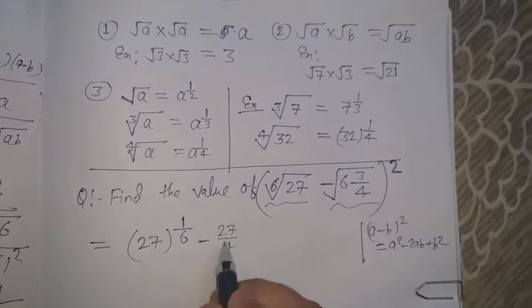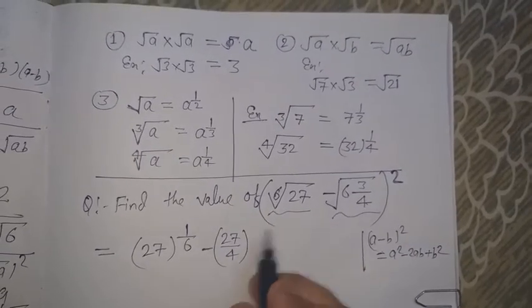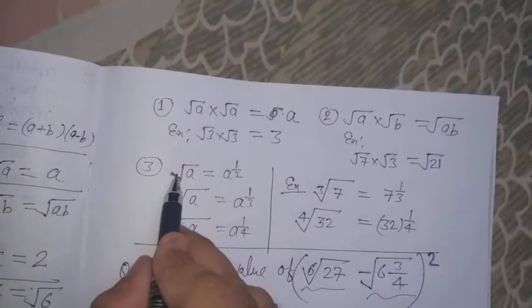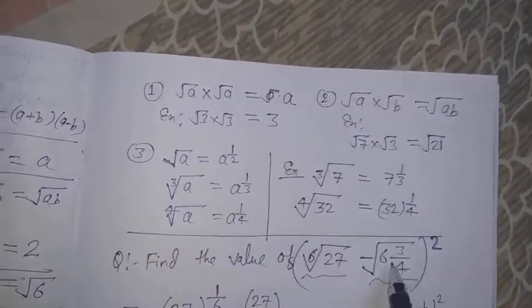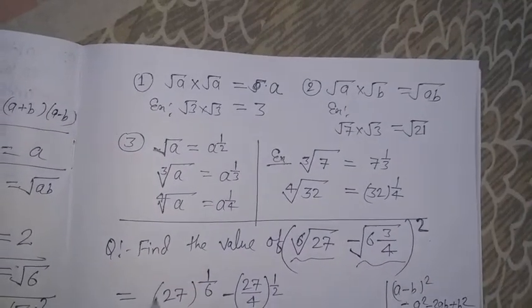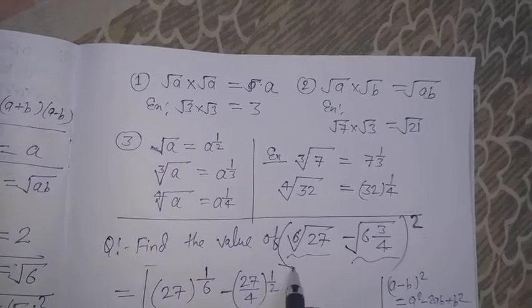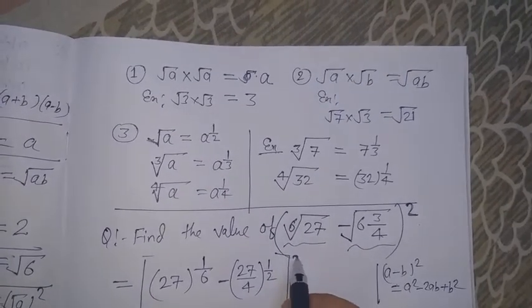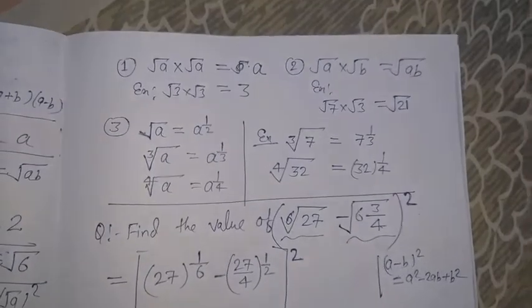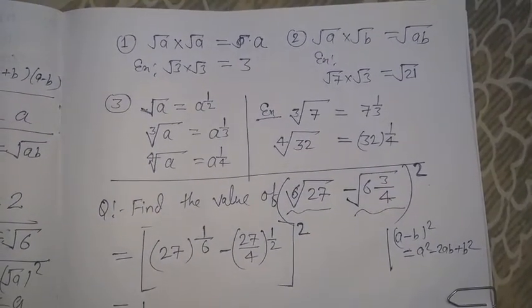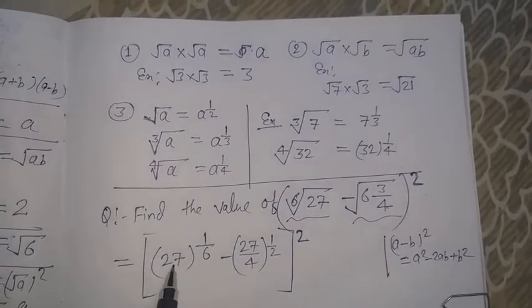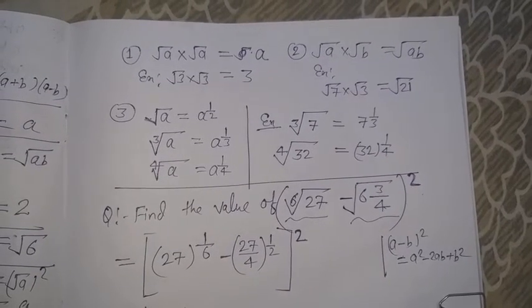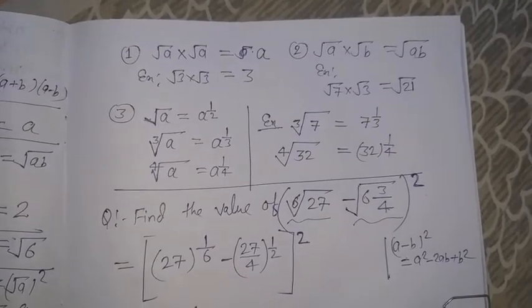27 by 4 whole to the power. Here nothing is there means what? Nothing is there means 2. So 1 by 2. So this becomes 1 by 2 and whole square. Okay. Now you can write this 27 as 3 to the power 3, 3 is a 9, 3 is a 27.